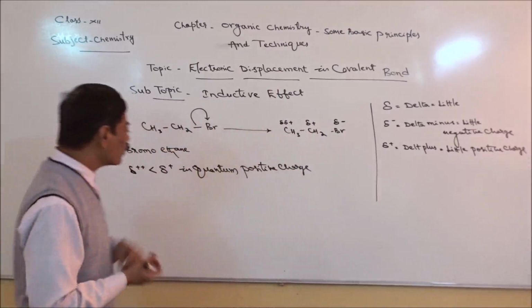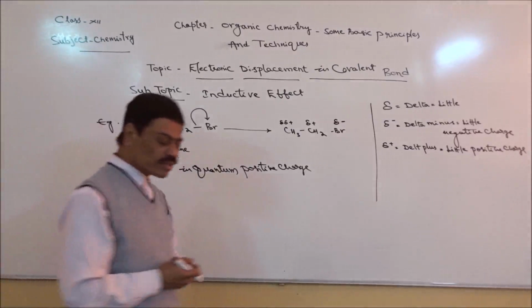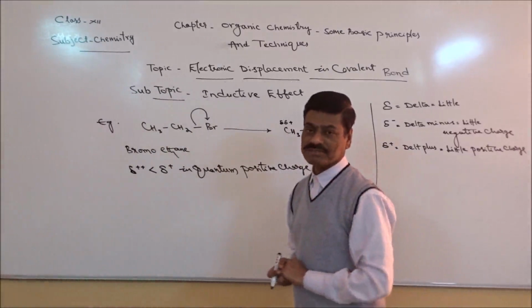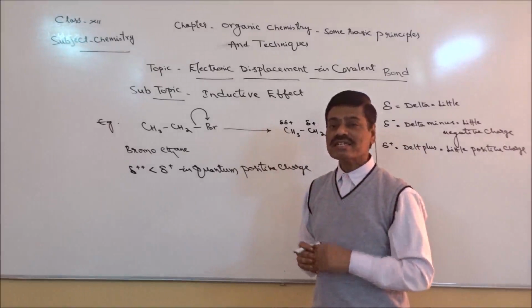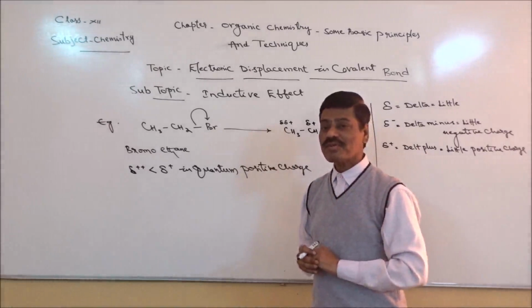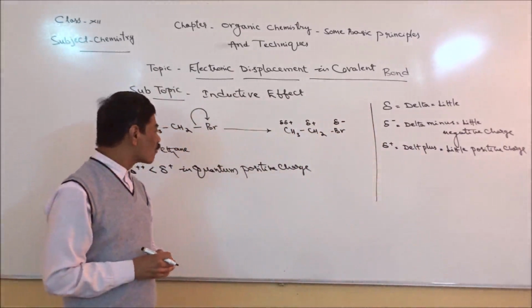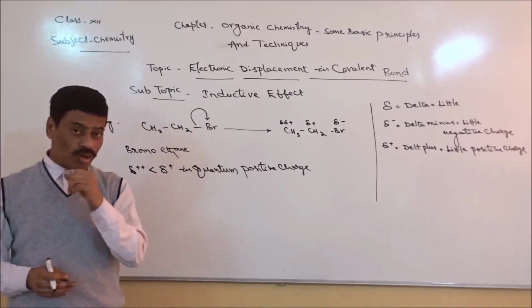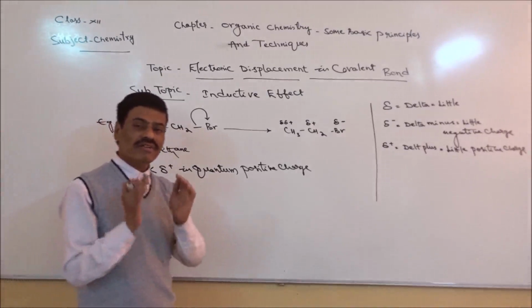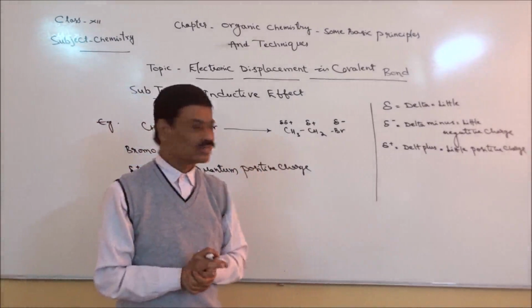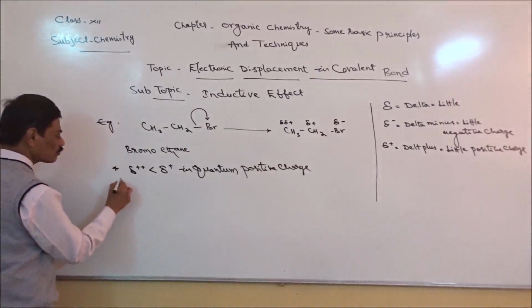Next, if we take bromopropane, that also exhibits inductive effect. If we take bromobutane, which contains more than 3 carbon atoms, means 4 carbon atoms are there in bromobutane. So when number of carbon atoms becomes more than 3, that inductive effect vanishes. So this is another point to be noted.